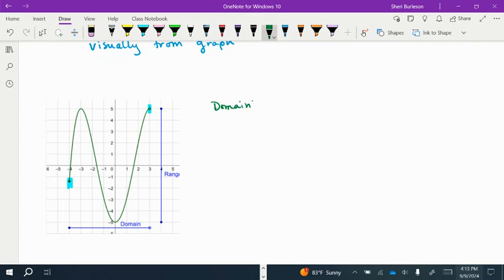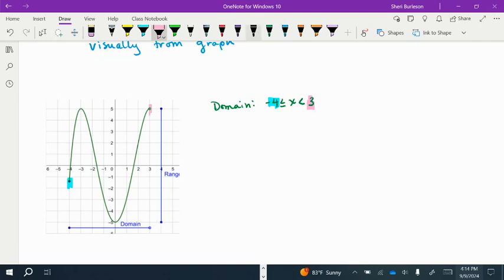So in this function, the domain is going to be x is greater than or equal to -4, because -4 has the closed-in circle, you can actually get a value at -4, but only less than +3, because at +3 we see that open circle. I should change these. So -4, and then I'll pick a different color. We see an open circle, so it is not equal to 3. We are going to come back to this in a minute, and we're going to look at another way to write this that doesn't involve inequality symbols.